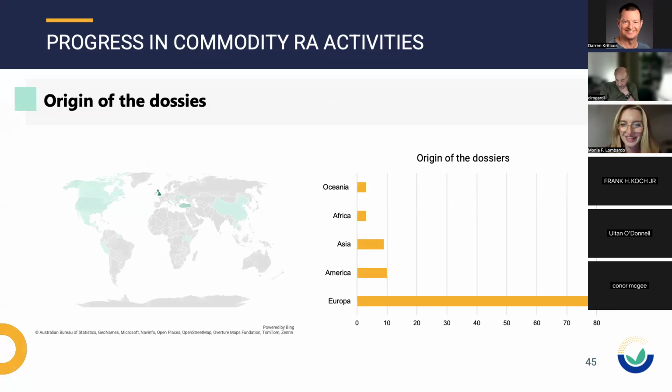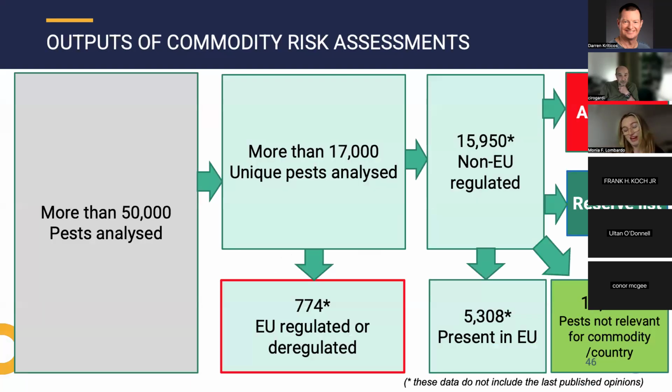So next slide, please. This figure, for example, illustrates the progressive filtering process applied in EFSA commodity risk assessment. Starting from a very large pool of more than 50,000 pests analyzed, it is reduced to about 17,000 unique pests. And from these, around 15,000 are identified as non-EU regulated.